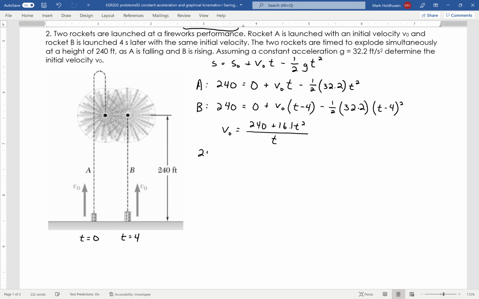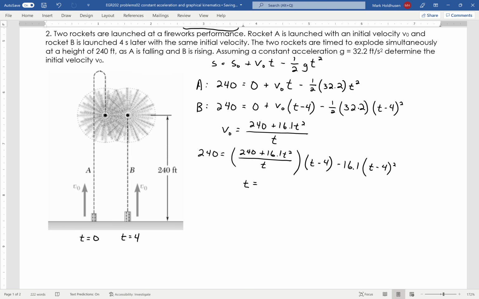I get 240 equals, instead of v naught, what I just found, (240 plus 16.1 t squared) over t, times (t minus 4), minus 16.1 times (t minus 4) squared. So I've got a rather large equation, but the only unknown in it is t. So I can find t, the time at which the explosion happens, where they're both at 240.